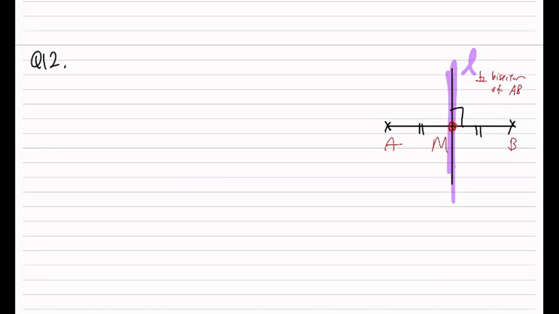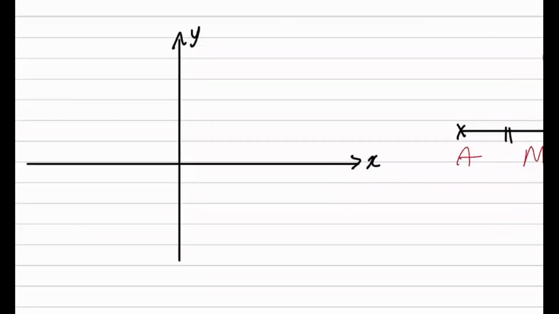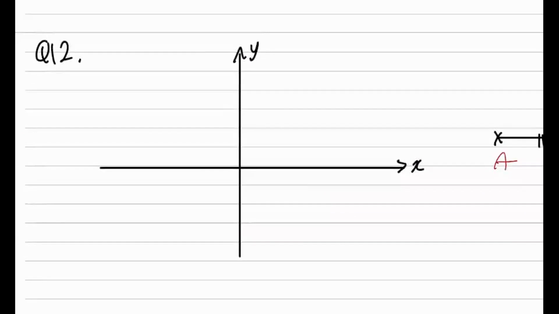Question 12. The vertices of triangle ABC are (-4, 6), (8, -4), and (12, 16). So can you figure out where they are? Do you want to try? A is (-4, 6). Maybe I zoom in. Roughly there.